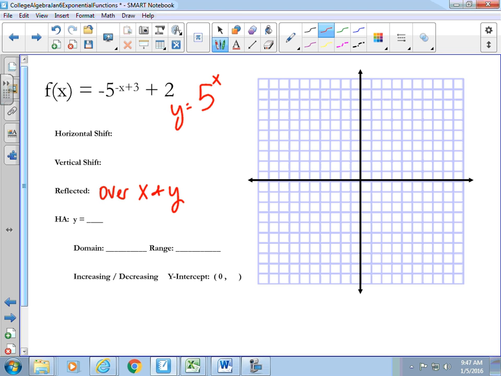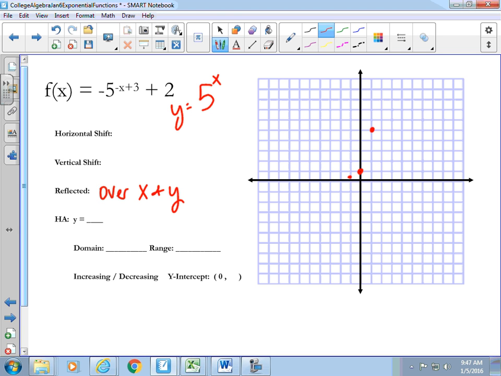I'm going to graph that really quick. Is that getting quick to graph 5 to the x? What 3 points? 0, 1, negative 1, 1/5, and 1, 5.